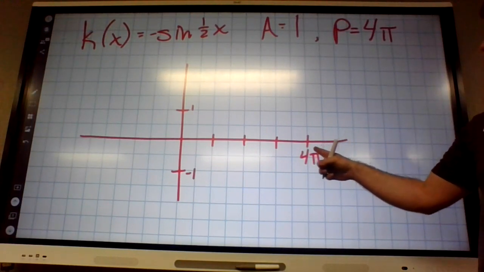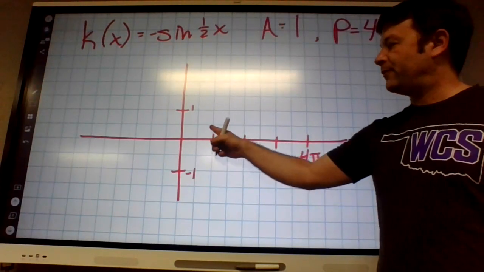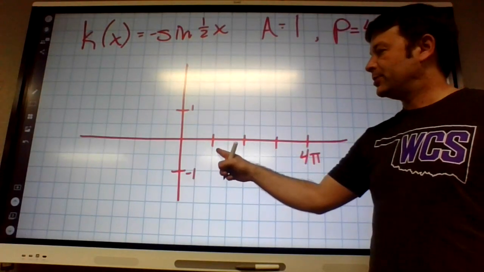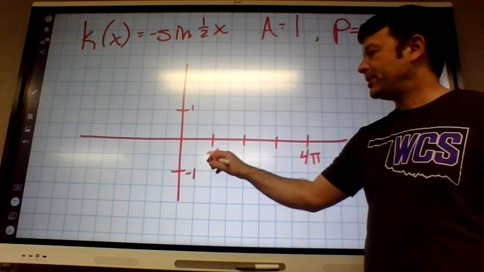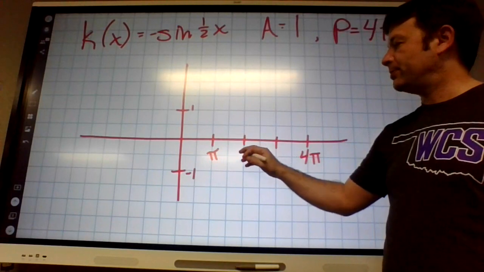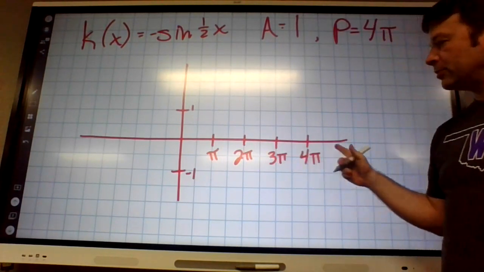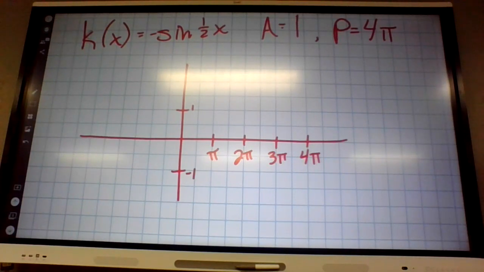So if this is 4 pi, what would these guys be? Well, this would be 1/4 of 4 pi, which is 1 pi. So basically we're counting by pi's here. So it's 1 pi, 2 pi, 3 pi, 4 pi. Okay, what is this? Are you guys caught up with me?